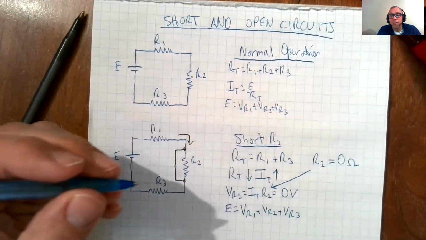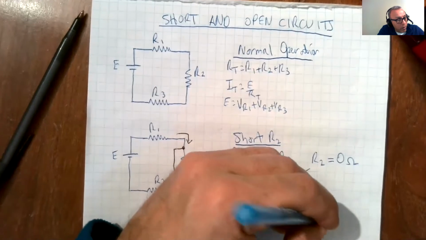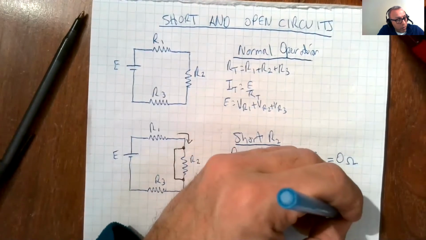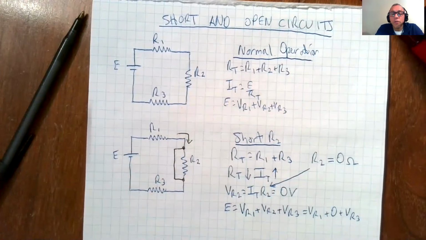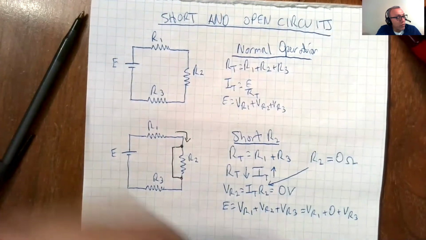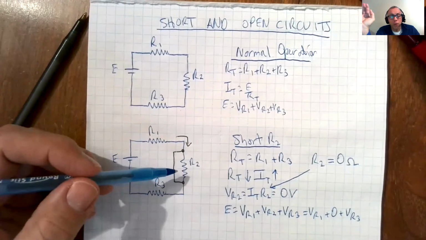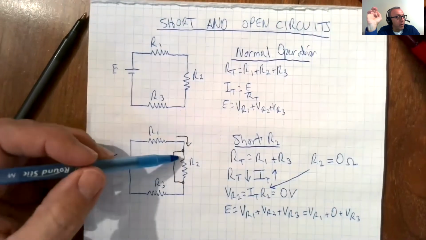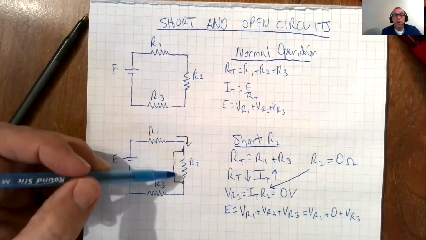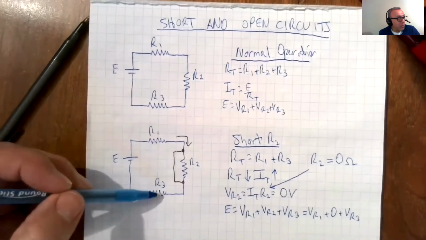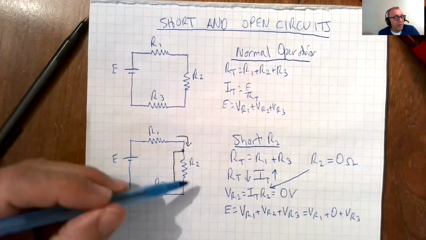Kirchhoff's voltage law does not change, but now it's VR1 plus 0 plus VR3. That is what happens when we short a load in a series circuit. It's a different story in a parallel circuit, but in a series circuit, we short out R2, R2 becomes 0, RT becomes R1 plus R3, and IT goes up.